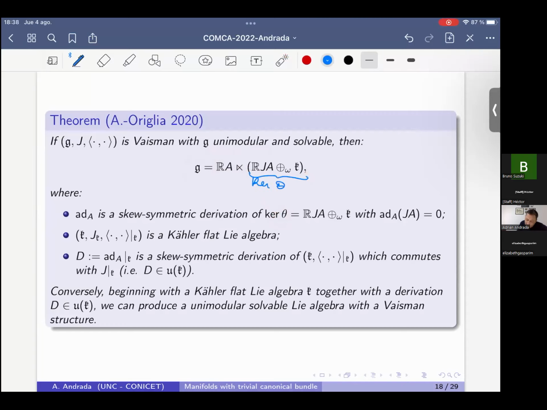This also can be written as a central extension of a Kähler Lie algebra, and the Kähler Lie algebra has a flat metric.